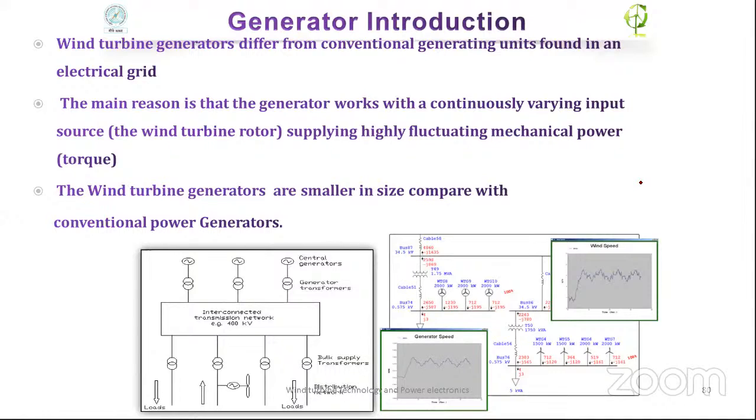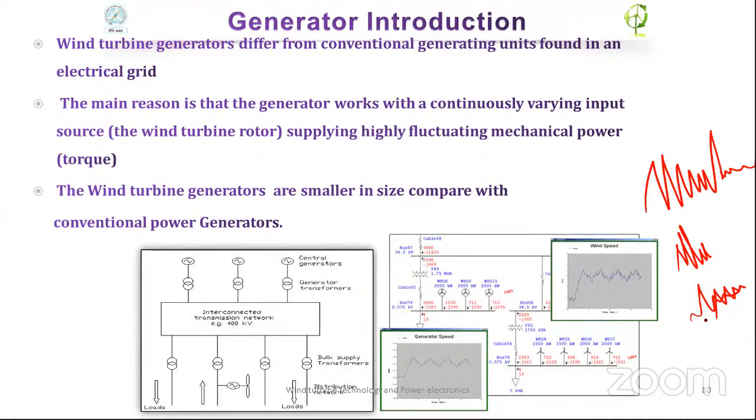If there is no grid source, there is no power generation. Why? Because wind is variable in nature, and when the wind is variable, the generated voltage and power also vary. And when you are connecting to the grid, the variation will be there.